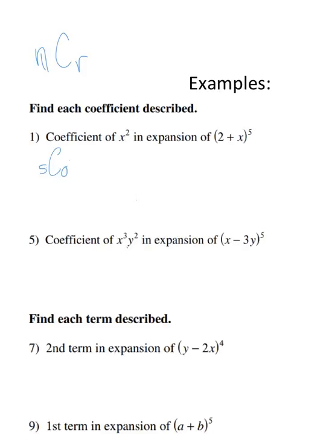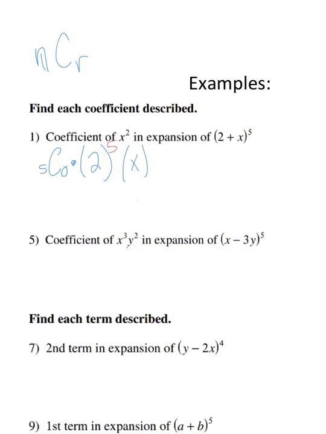And then I multiply that by, so times, my first term, a 2. That 2 I'm getting from right here. That is going to get raised to the power of 5. Then I'm going to multiply that by my next term in the binomial, x.